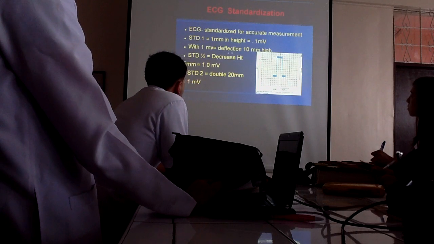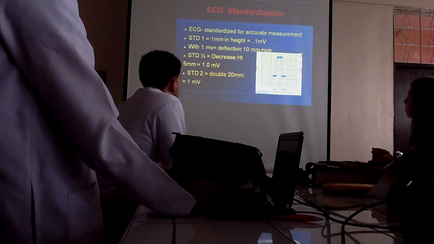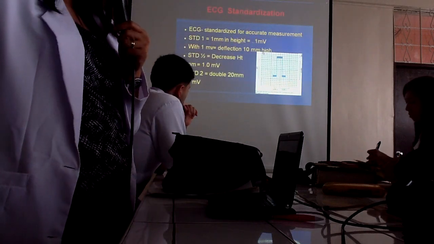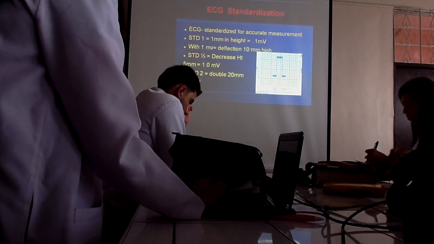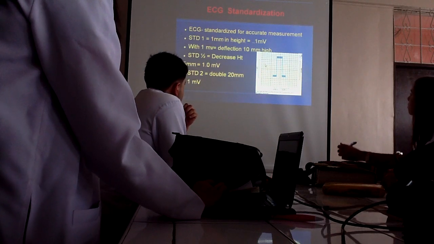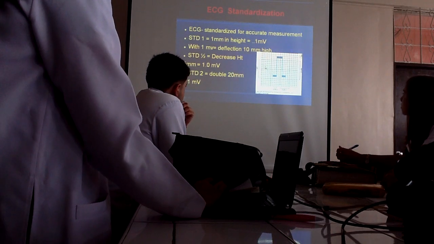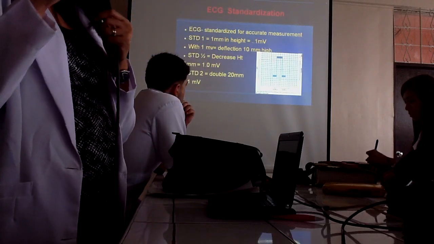So 1 millivolt deflection is about 10 millimeters high. We've shown it earlier. This entire thing is 1 millivolt. Okay?